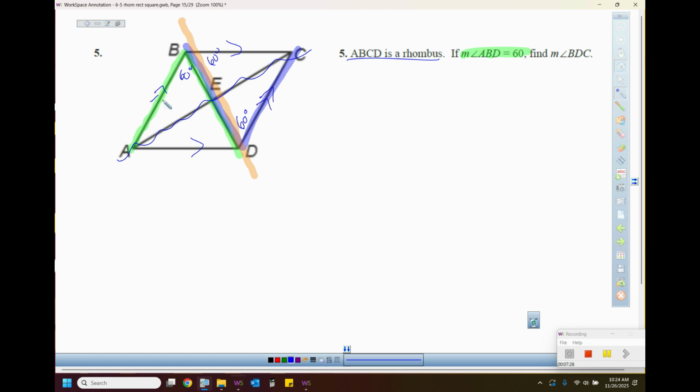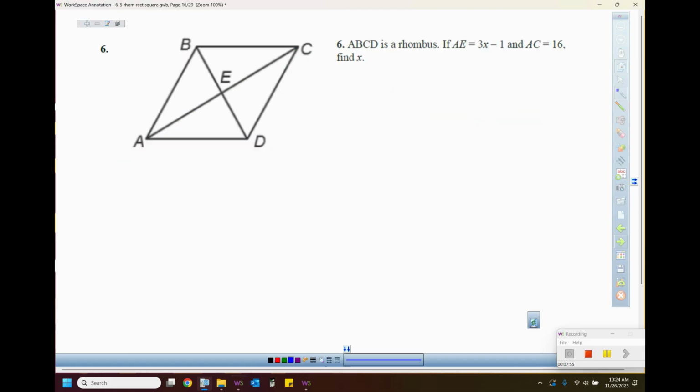The rhombus is below the parallelogram, so those sides are parallel even though we don't really mark them that way. But you have parallel lines, and these are alternate interior angles, but it doesn't matter. Symmetry works, so does parallel lines. It's all good, but if I can get my delete button to work, that'd be awesome. But it didn't, so I'm just going to do this. That one was 60 degrees.